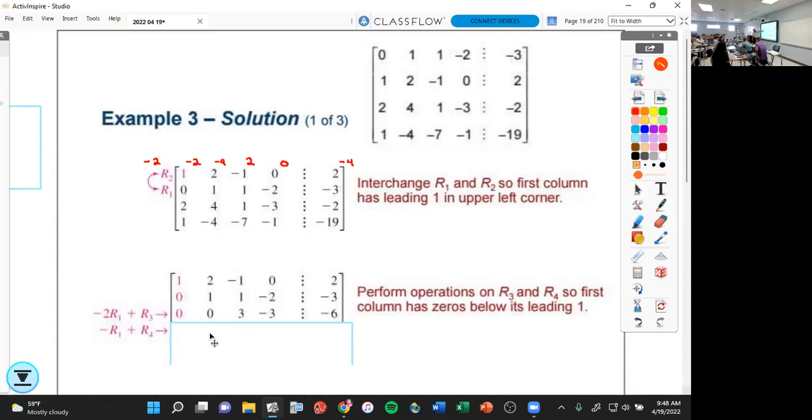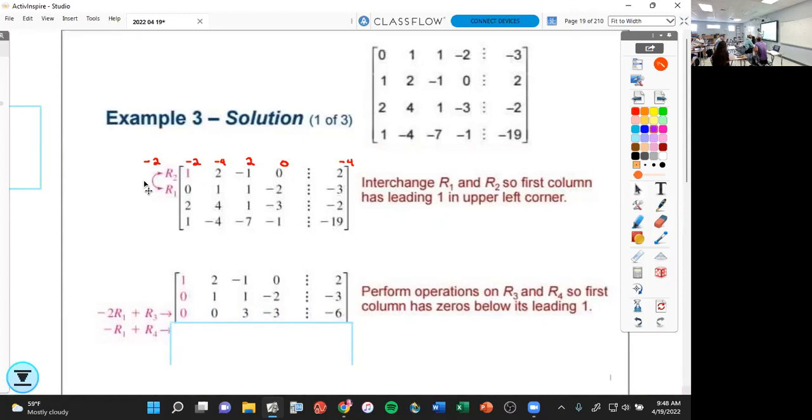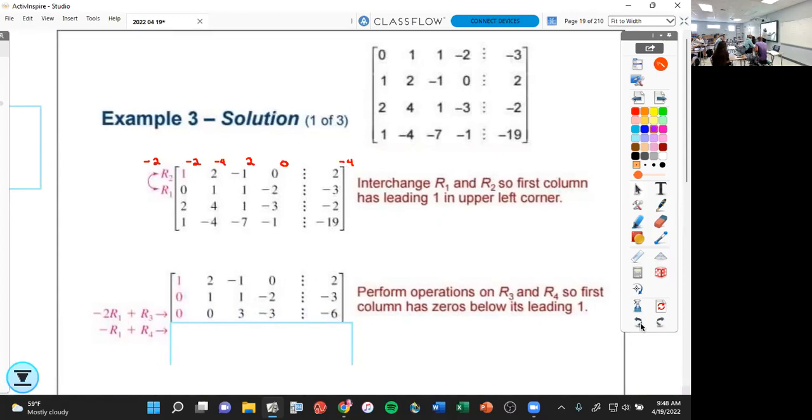Now I'm going to use row 1 to get rid of that 1. So I'm going to take row 1 and multiply it by -1. So -1 gives me -1, -2, 1, 0, -2.